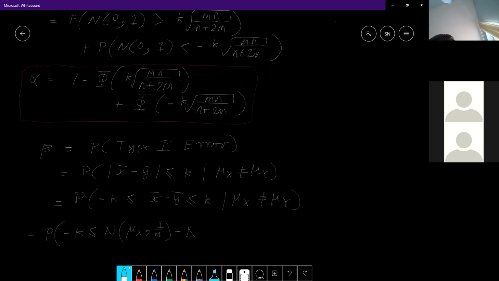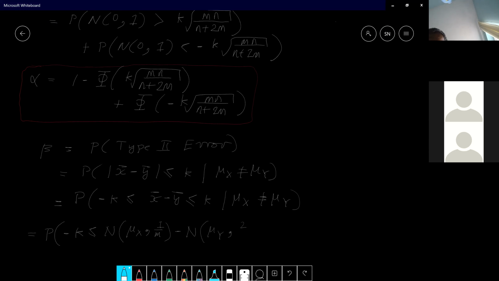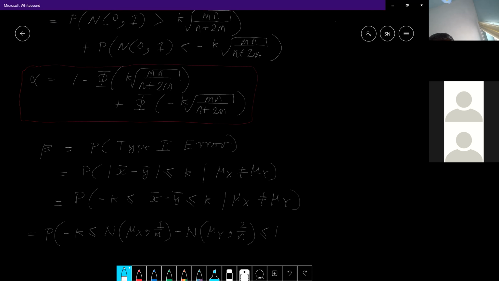Y bar has a normal with mu y and variance 2 divided by n, less than or equal to k, given that mu x is not equal to mu y.